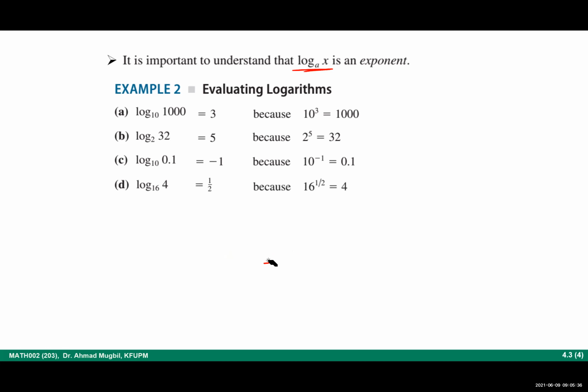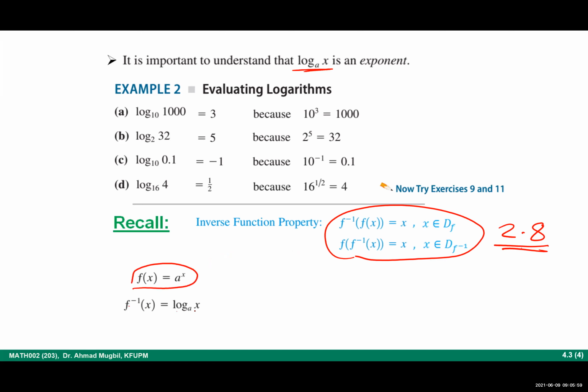Thank you, guys. Let's go now to the second most important property. If you remember the inverse function property from section 2.8, this is why we spend a lot of time on this section. We have f of x is a to the power x, and f inverse of x is log a of x.